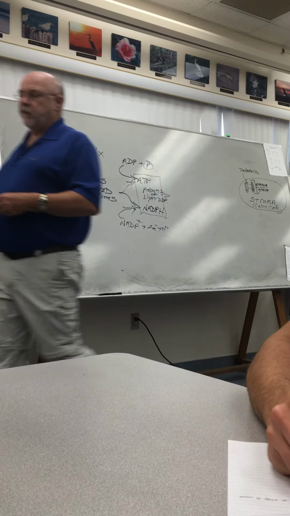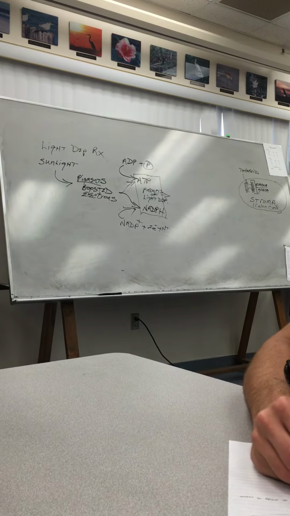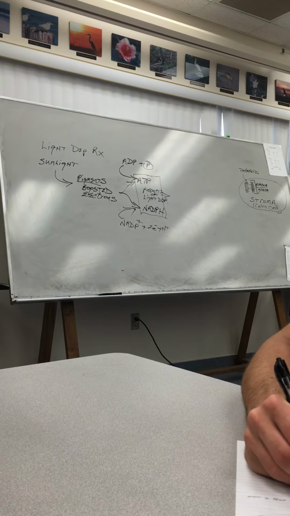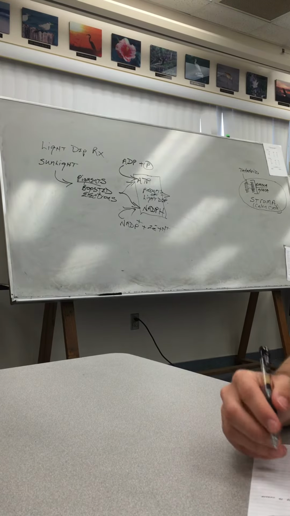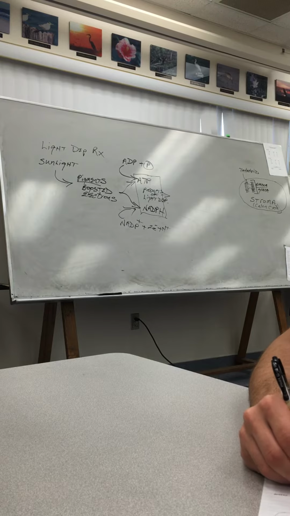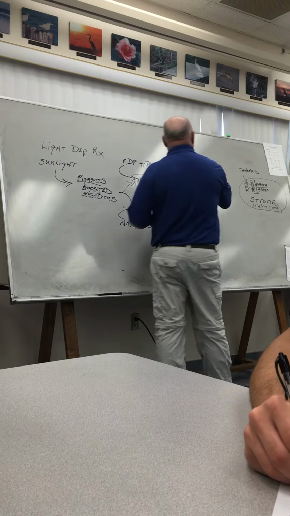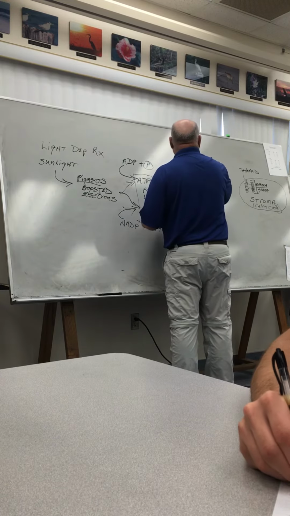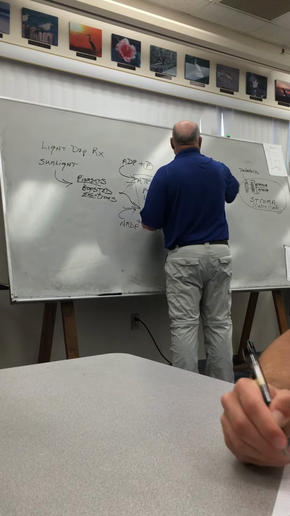But the whole idea of photosynthesis is to make glucose, or at least make some kind of sugar. And classically, it is most often described by describing it as glucose. So what ATP and NADPH are being used for is to fuel the light-independent reactions.